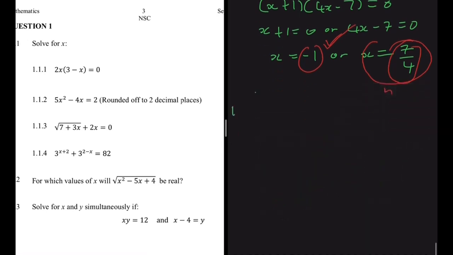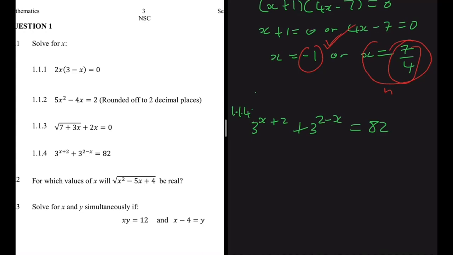Let's do 1.1.4. So 1.1.4 is saying we have 3 to the power x plus 2, plus 3 to the 2 minus x, being equal to 82. So when I see problems like this, the first thing I want to do is change everything and give it a base of 3.